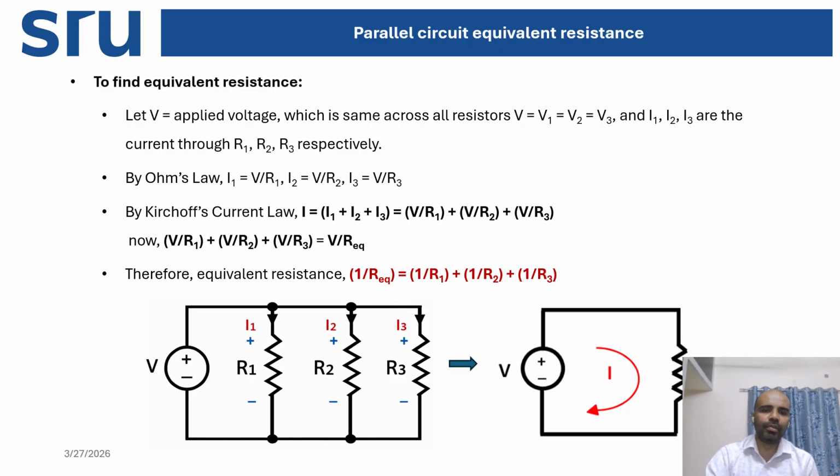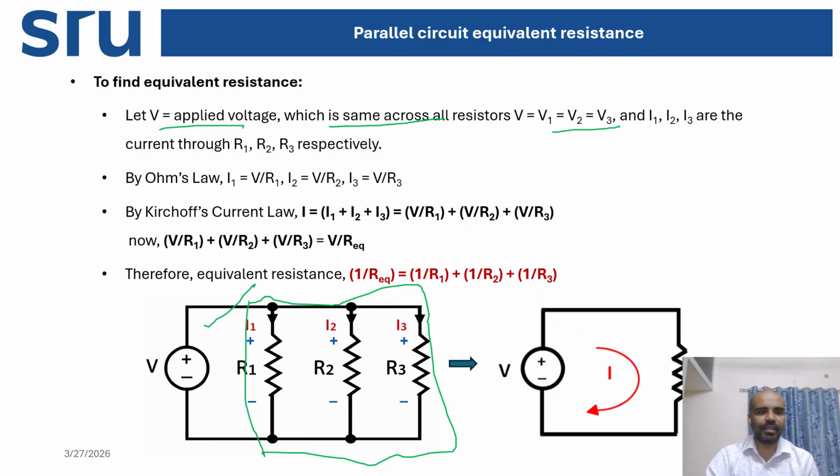Now we calculate the equivalent resistance of this circuit. This combination is replaced by an equivalent resistance R equivalent. V is the voltage applied across each resistor, R1, R2 and R3. The voltage drop is the same, V, but different currents I1, I2 and I3 flow through R1, R2 and R3.